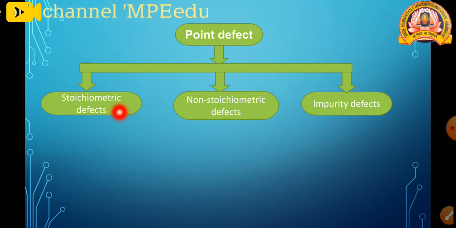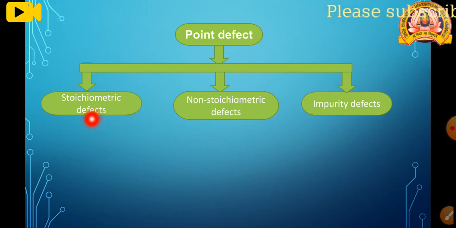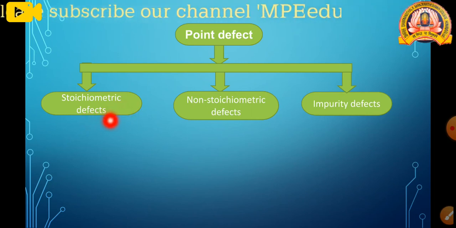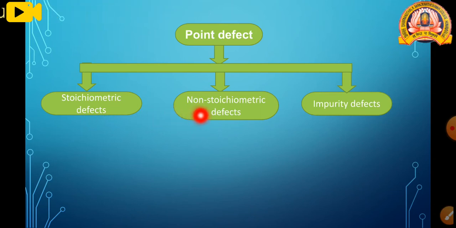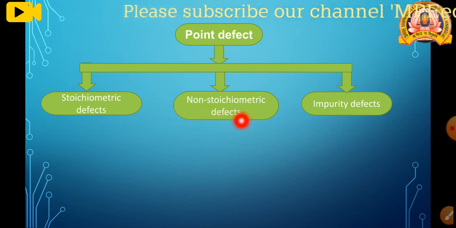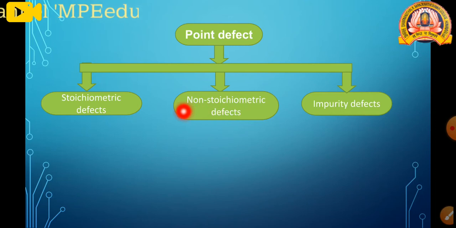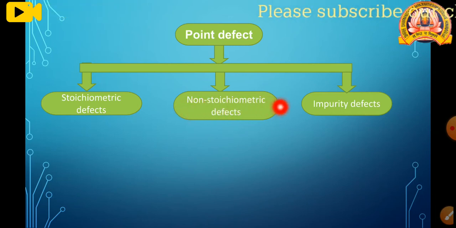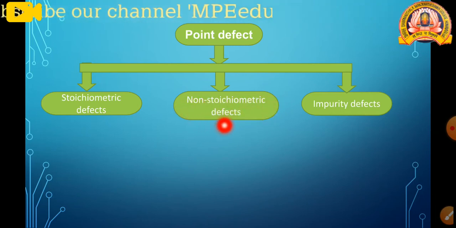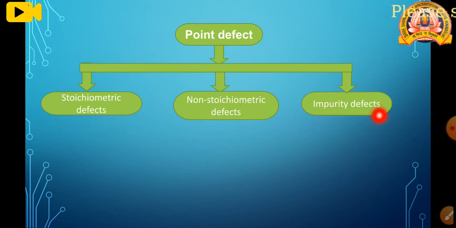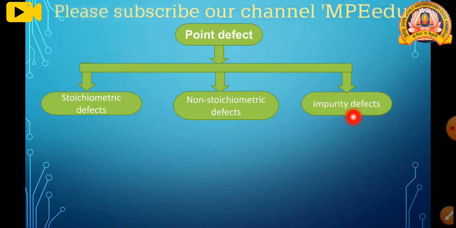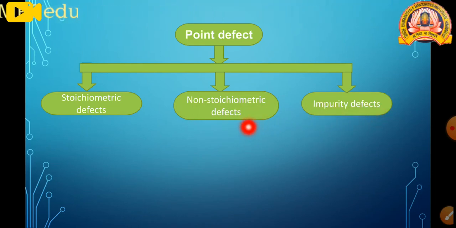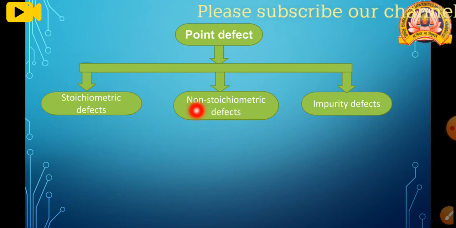In this video, we are going to study non-stoichiometric defects and impurity defects. When you observe the old question papers for your second year annual exam, non-stoichiometric defects and impurity defects are not as important compared to stoichiometric defects.